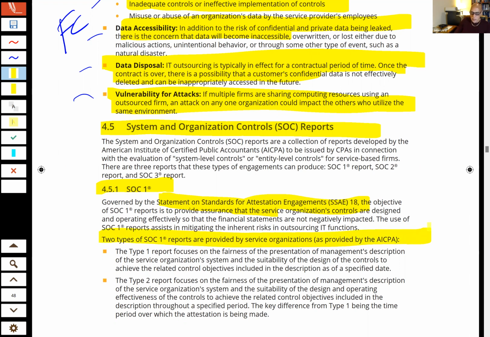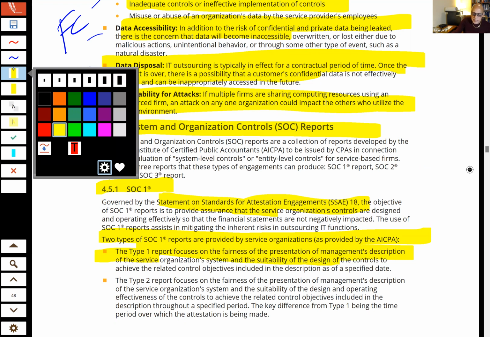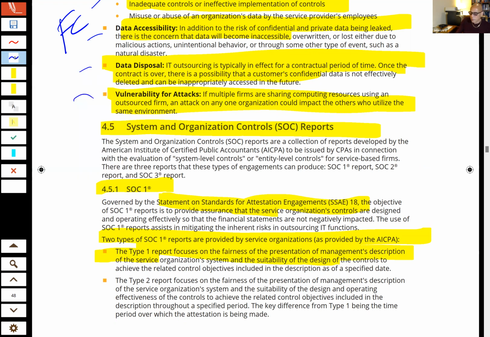There's the SOC type 1 report, so SOC 1 type 1. This basically says that the controls have been designed, but there's no testing of those controls. Now, if you got one of those types of reports and you're an auditor, that would cover you for your responsibility to understand the control and evaluate the design of the control, but you'd still have to do the maximum amount of substantive testing associated with that.